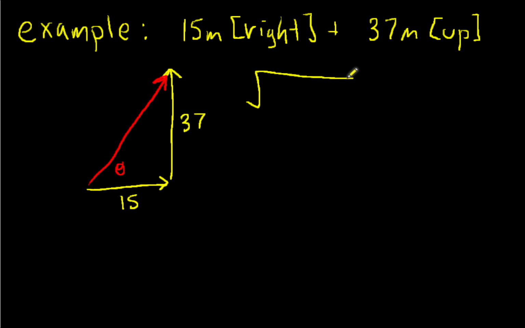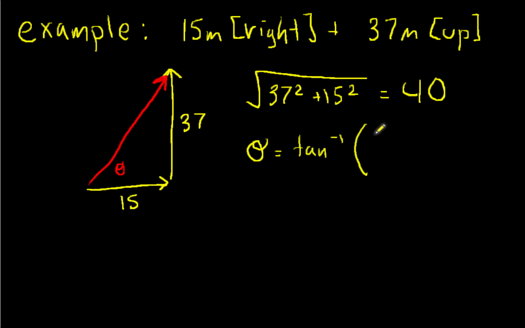The magnitude of the resultant is 15 meters squared plus 37 meters squared, square rooted, which is 40. And the angle is tan negative 1, 37 up, divided by 15 right. This is 56 degrees.